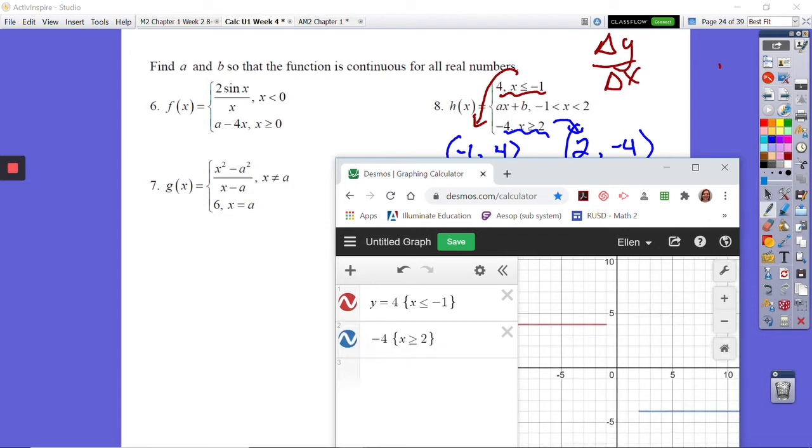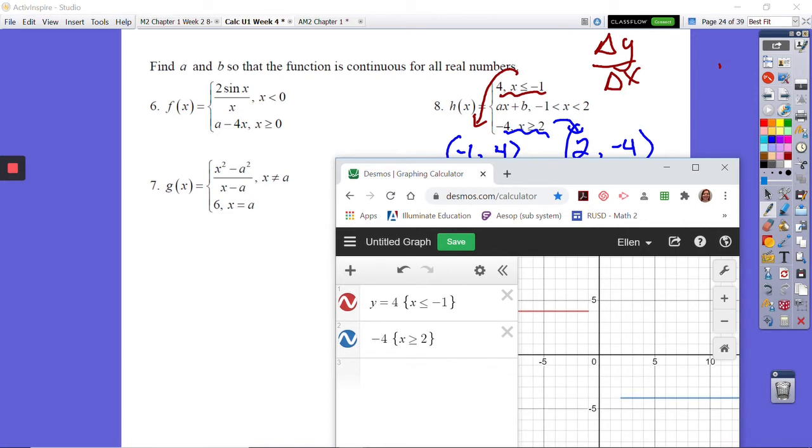And so you can see that's what I have. And so I'm trying to connect these two endpoints with my equation that I made. It's going to be between negative 1 and 2. Right now it's just graphing 1 because I didn't put an equation in there. But that's where I need it to be.